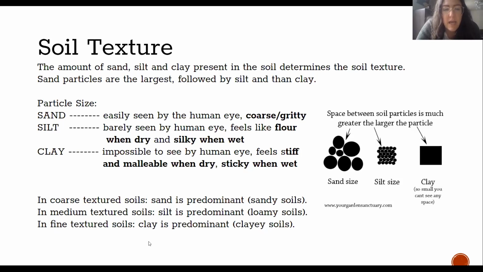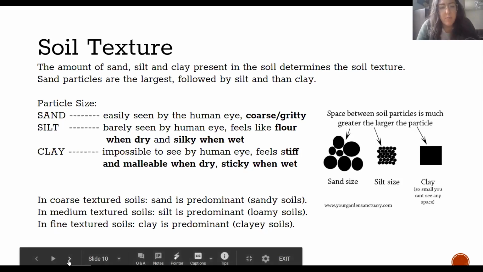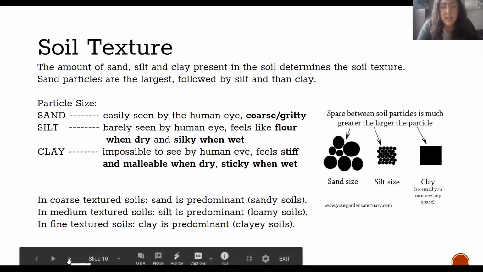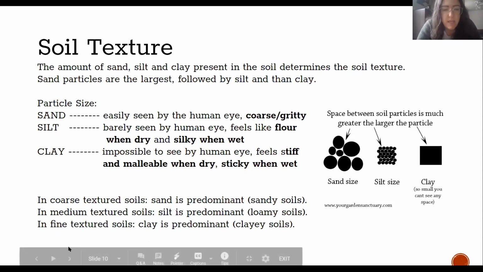Clay, I feel like, is something more folks are familiar with rather than silt. It's going to be more sticky when it's wet. And if you've ever worked with clay, when it's moist, you can form it and move it into different shapes. And those particles are so tiny that we can't see them.